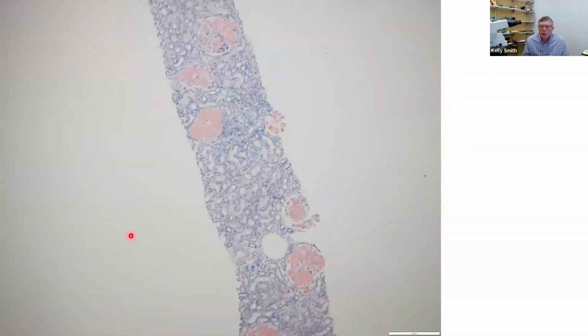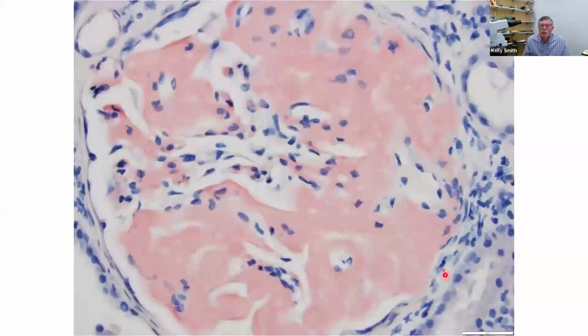So we do our Congo red stain to really say, yes, is this amyloid or isn't this amyloid? And the Congo red stain shows that the glomeruli are nice and congophilic. So we see this really pretty orange staining in all of the glomeruli, and it really is restricted largely to the glomeruli. We're not really seeing any staining outside of the glomeruli.